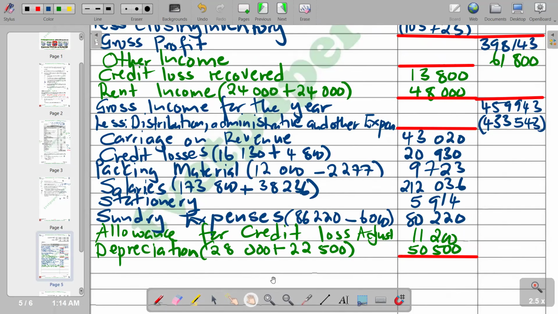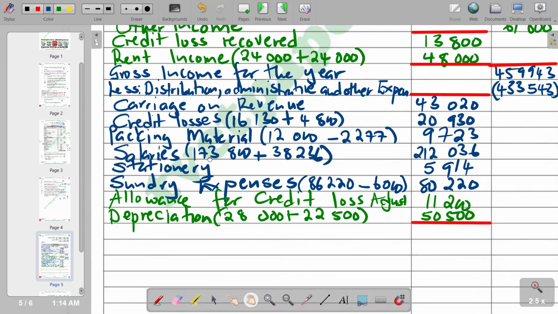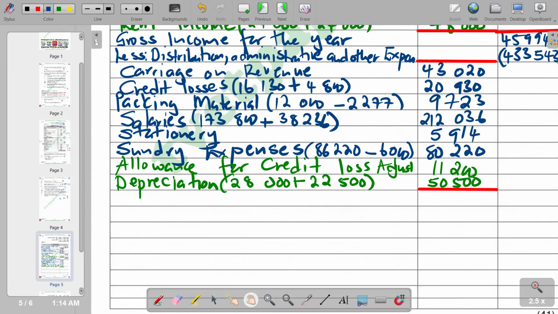So on that part, we can also subtract our finance cost now. So we are now saying less finance costs. Remember, finance costs includes our interest expense.